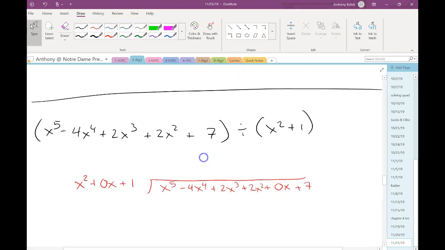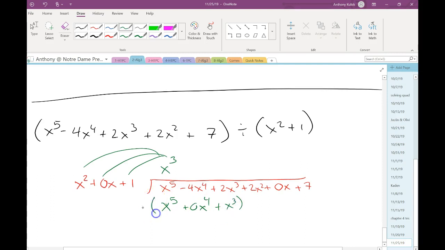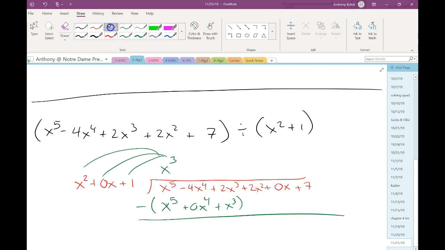All right. So we'll start. What times x squared gives us x to the fifth? X to the third. So I'll multiply that then to all the parts of my divisor. That gives me x to the fifth plus 0x to the fourth plus x to the third. And then we subtract down. You see now why I wanted the 0x there, right?